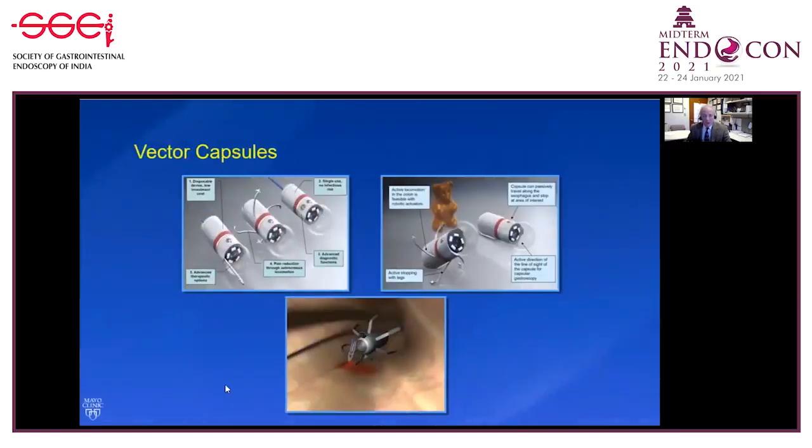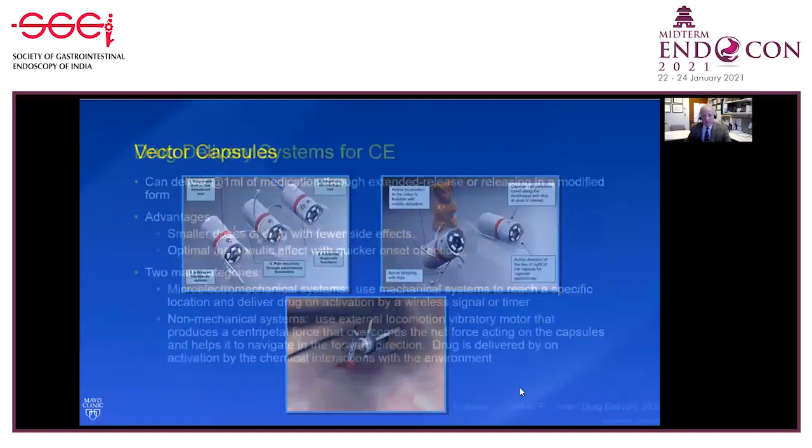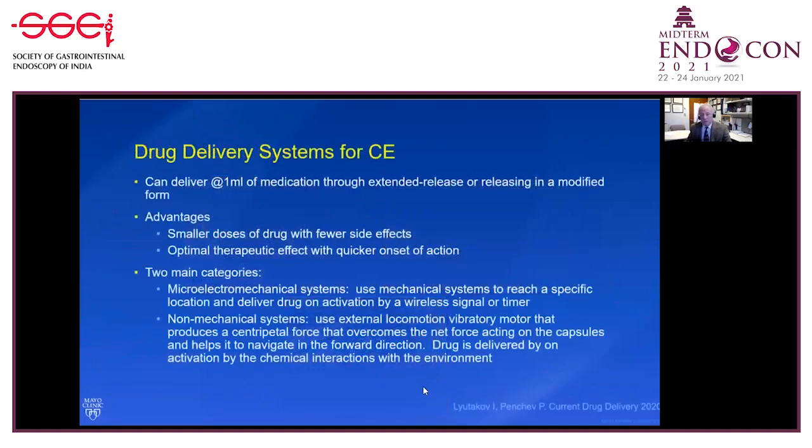And one of the projects that's ongoing is something called vector capsules that have the ability to do exactly this, to take biopsies. Now, drug delivery systems are even more exciting, but still very experimental. They can deliver about a milliliter of medication through extended release or modified forms.